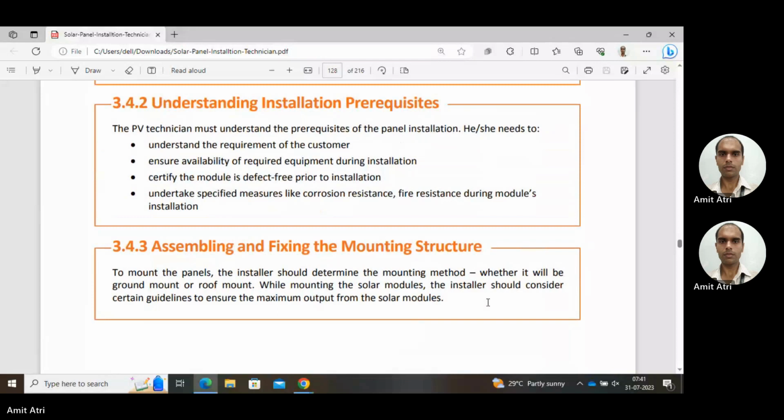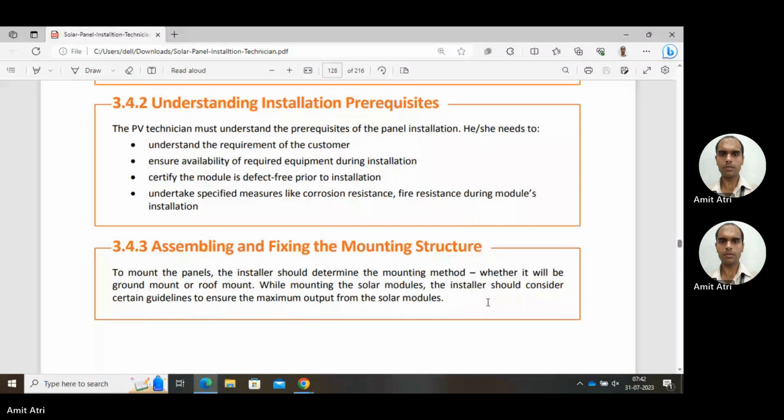Next, certify the module is defect free prior to installation. Means we have to check that as well, that we are getting the output. Next, undertake specified measures like corrosion resistance, fire resistance during module installation. We have to take care because the module has to be placed outdoors.